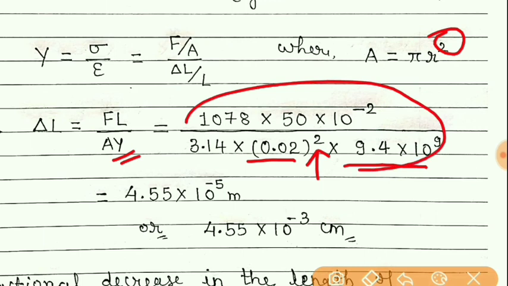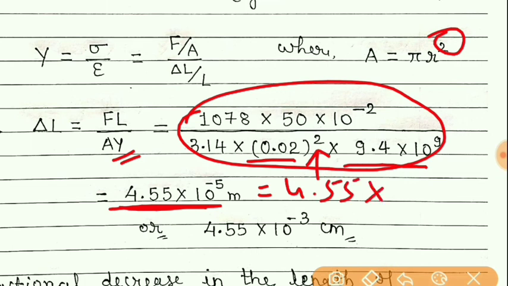After calculating this, you will get approximately 4.55 into 10 raised to minus 5 meter. This can also be written as 4.55 into 10 raised to minus 3 into 10 raised to minus 2.